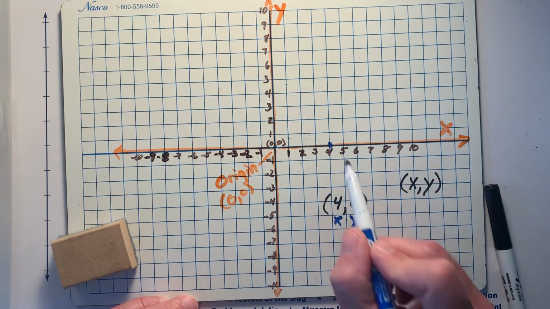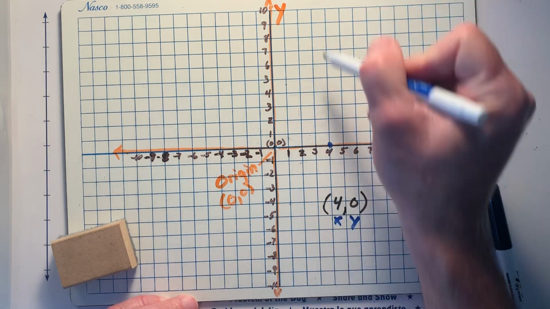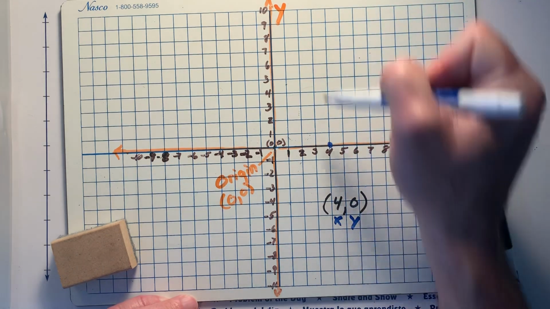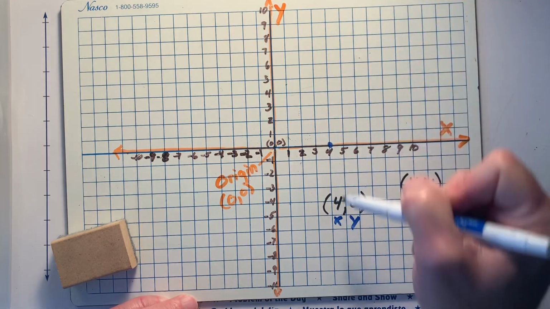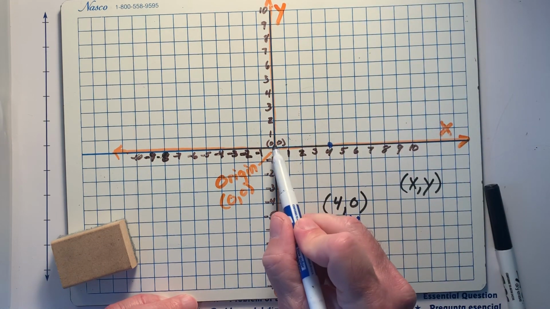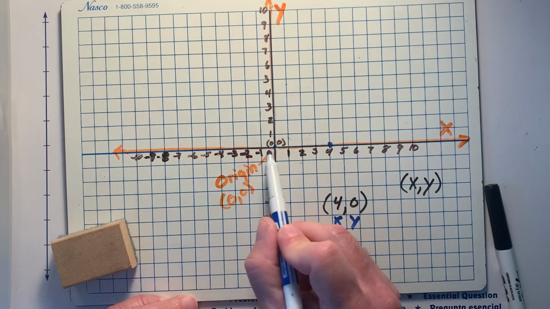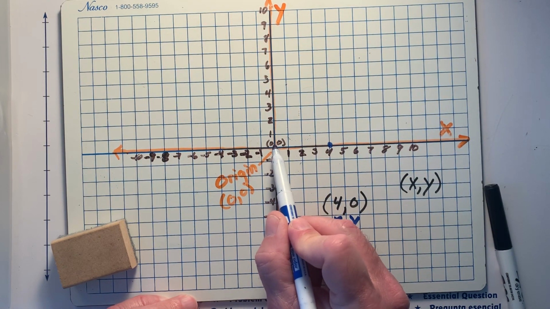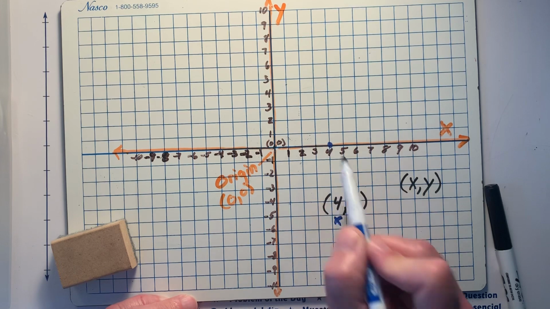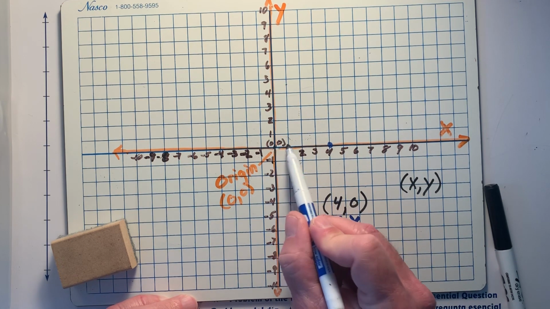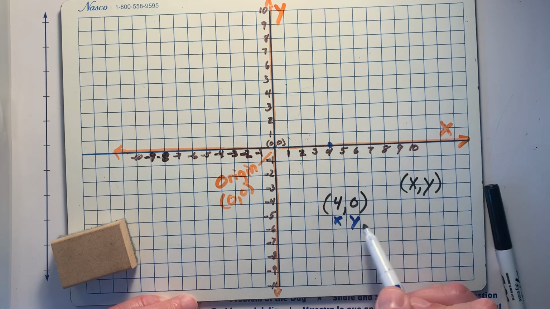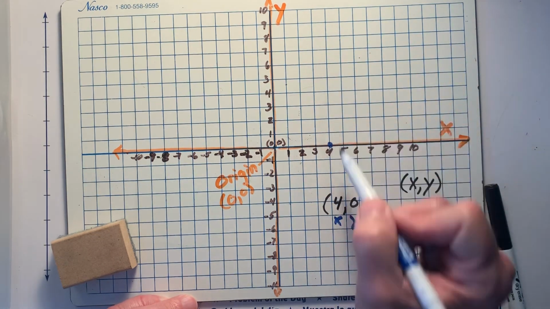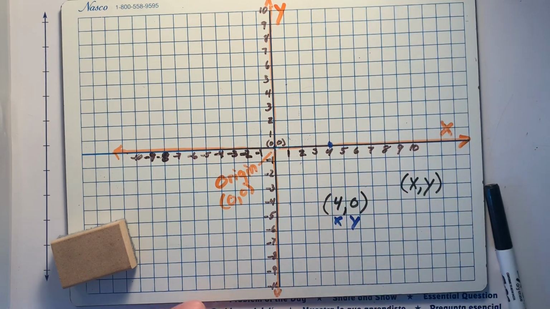The 0 is on the x-axis, but it's showing how far up or down on the y-axis we would go. So how far are we going up or down on the y-axis? We're not. We're staying at 0. So we still go over 4, 1, 2, 3, 4, because that's x. And for the y, going up and down, we don't go anywhere. We stay right on the line.